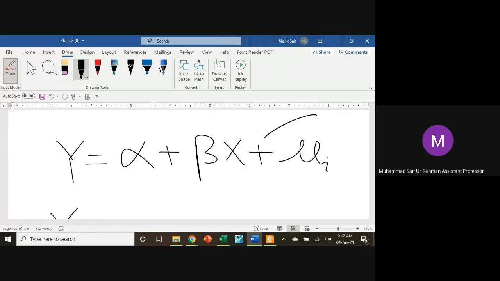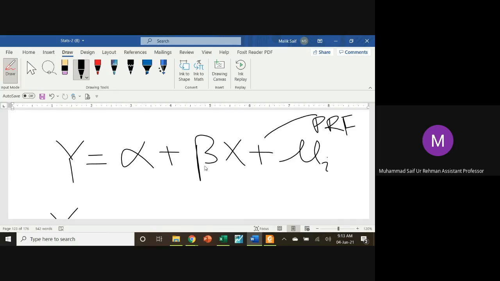This is the population regression equation, from which we can find the population regression line. Basically, this is the population regression function, and you can also call it PRL.